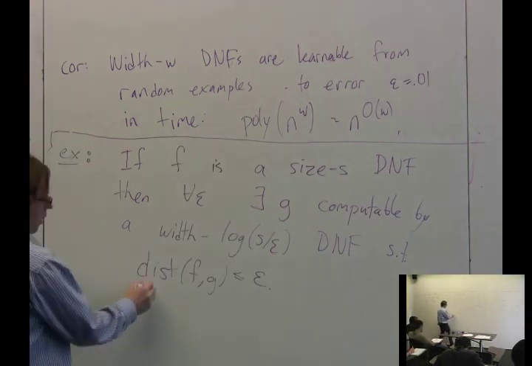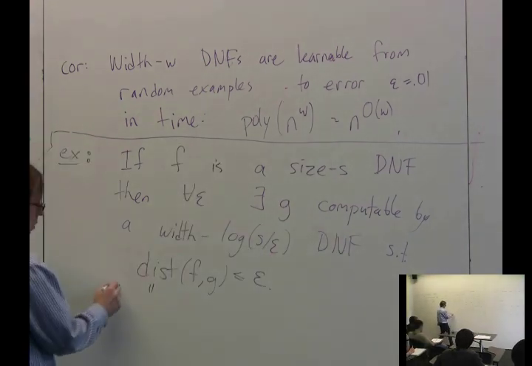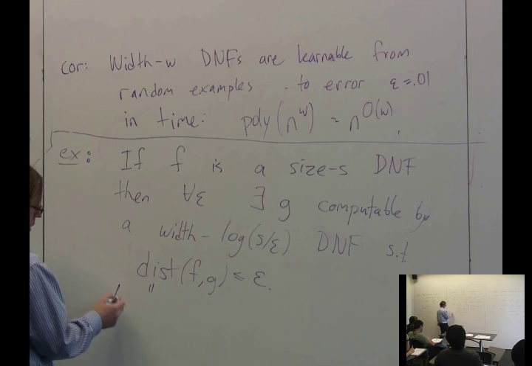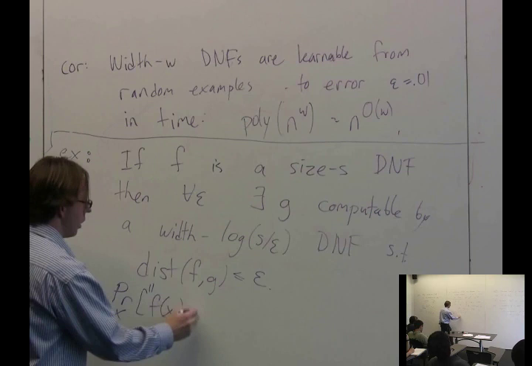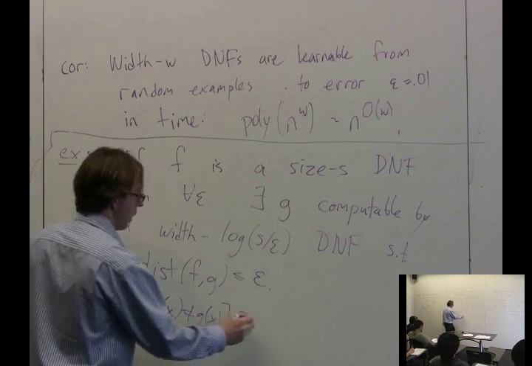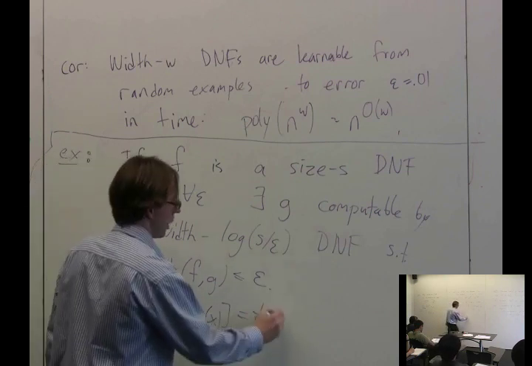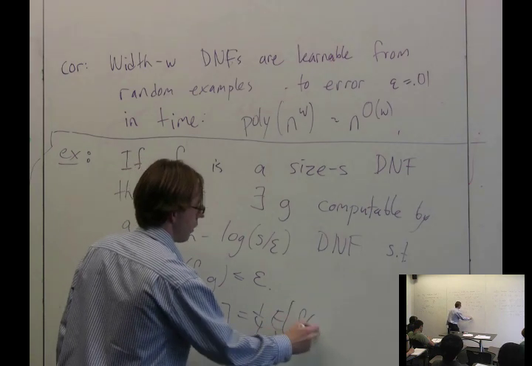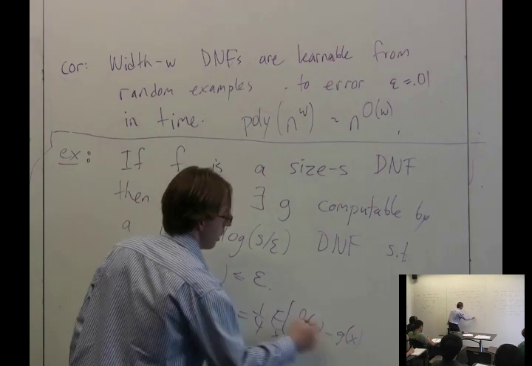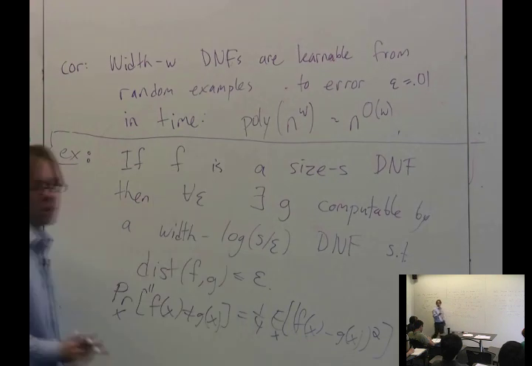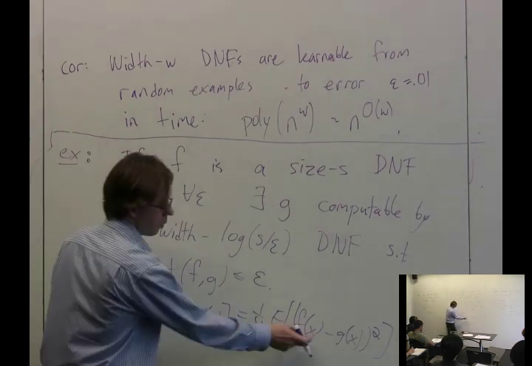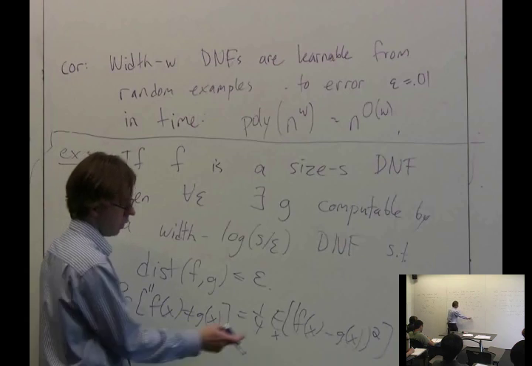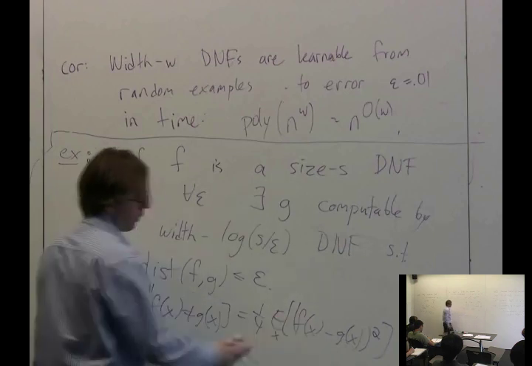This, by the way, is equal to the probability over x that f of x does not equal g of x, which is equal to a quarter of the expectation over x of (f of x minus g of x) squared, at least in plus or minus 1 notation. Because if they're unequal, you count 4 here, and if they're equal, you count 0.